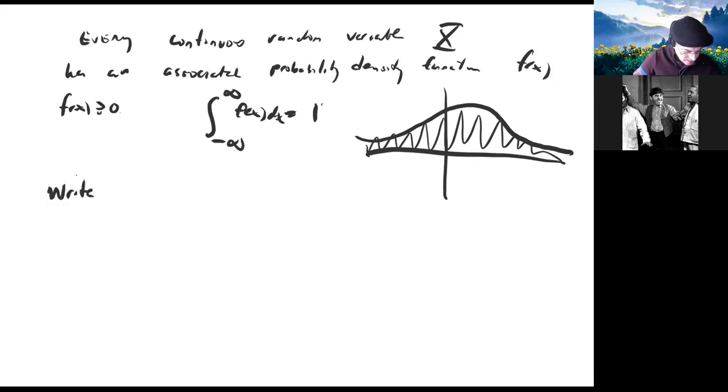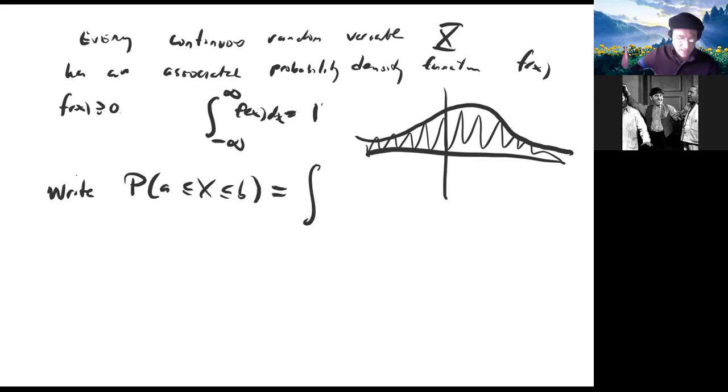And then we write the probability that A is less than or equal to X is less than or equal to B is the probability of the event of X lying between the values A and B. Like, for example, the probability that the lifetime of a light bulb is between 10,000 hours and 11,000 hours. This would be the integral from A to B of f of x dx.